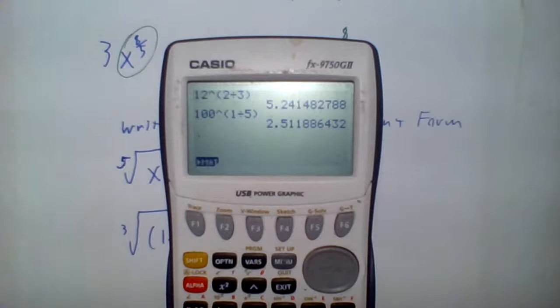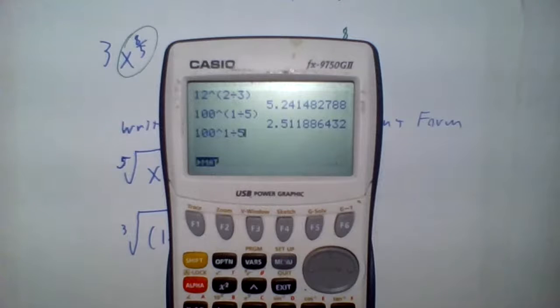You just do have to be careful with the parentheses on that, because that 1/5 power has to all be part of the exponent, right? If I enter this as 100 to the 1 divided by 5 without those parentheses, then I'm telling the calculator to do 100 to the 1st power and then divide by 5, which is not what I meant.